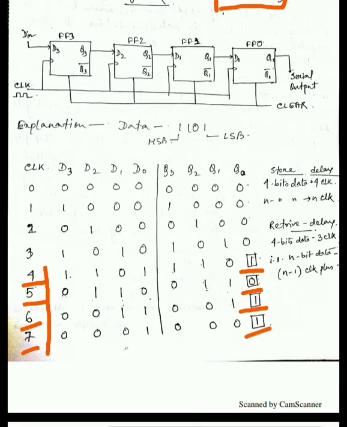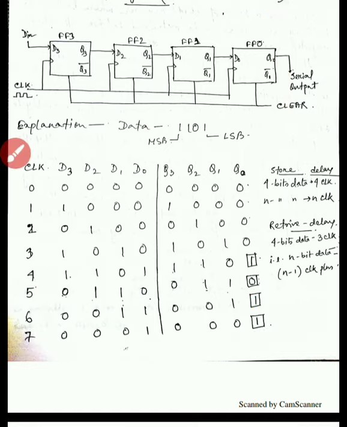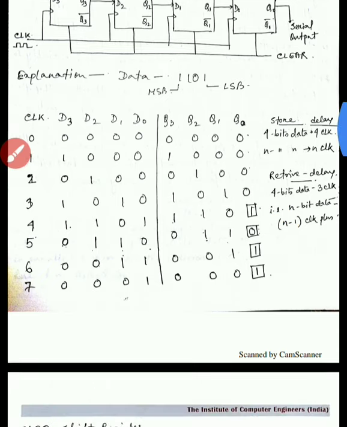Serial out means there is only a single line and only one data bit can be retrieved at a time, and for every bit we need one clock pulse. That is serial out. And for parallel out, for every bit there is one single line. So in parallel register, for every output there is one single line.